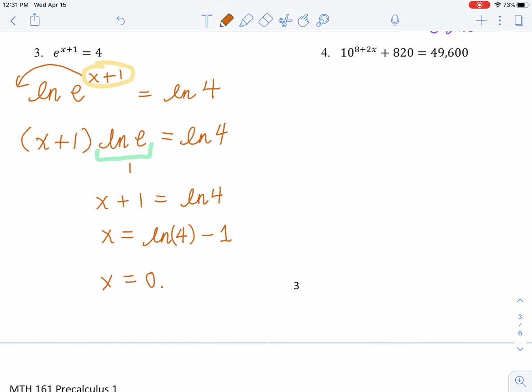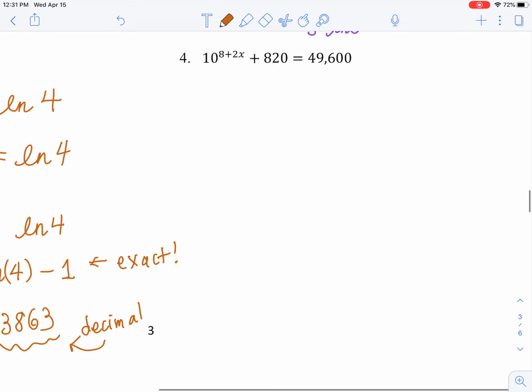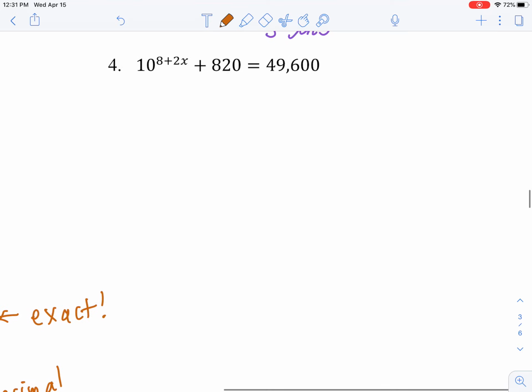Okay, go back to my notepad and let's write the answer. x equals 0.3863. That's the decimal, which is approximate, and this is the exact. So give me both when you're solving these problems, okay?